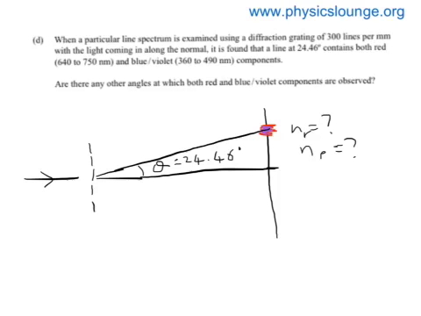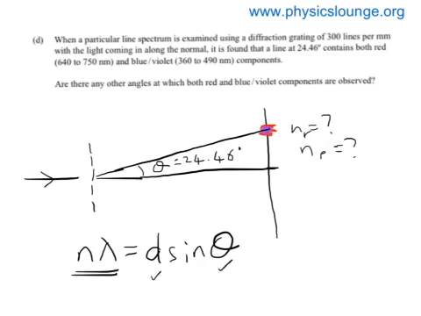So what we can do is use n lambda equals d sine theta. We know theta, we know d, which is 300 lines per millimetre, and we can calculate the n lambda part, which has to be the same for the same angle. Then we just divide by the wavelengths to find our two n values.